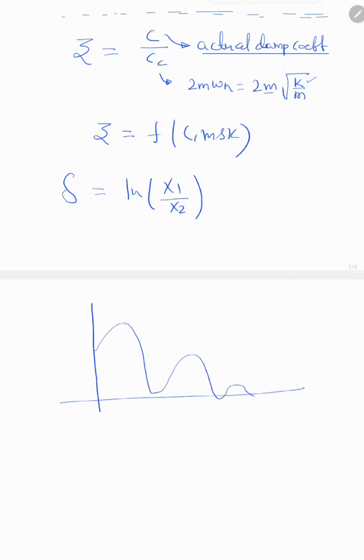So here we have seen that this is the maximum displacement. Let's suppose at time t1 it is x1, and after time t2 its displacement is x2, and it is decaying like this. Because it is a natural vibration, it will decay. After some time it will come to the equilibrium position.